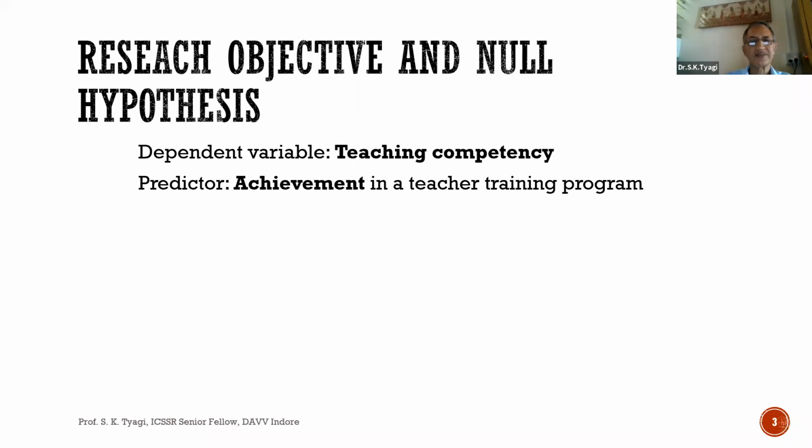They have successfully completed the training program, BEd or DElEd. So they might have a level of achievement in the teacher education training program. Now, how is this related with teaching competency? Is achievement in teacher training program a reliable predictor of teaching competency?